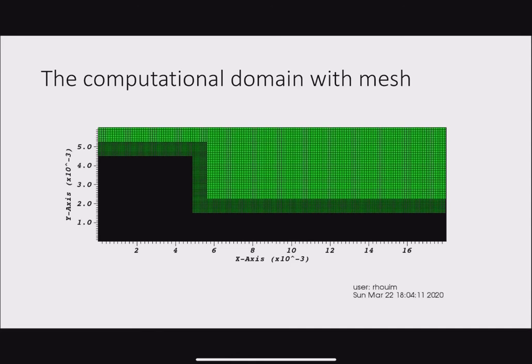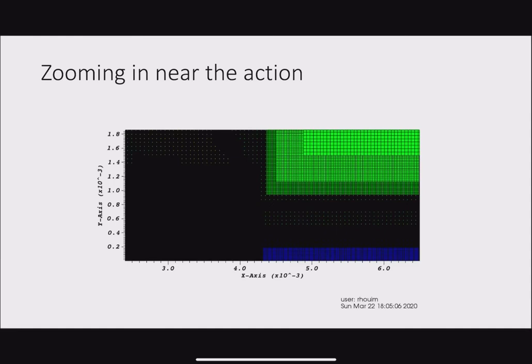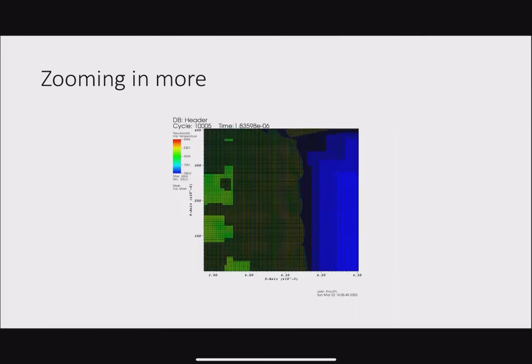Okay, so I'm going to go to the next slide. And so we zoom in close to the action, and you can see that the size of the finite control volumes gets smaller. I'm going to zoom in more, and this is close to the front of the main action here. And so you're starting to see that we're seeing progressively smaller and smaller squares.